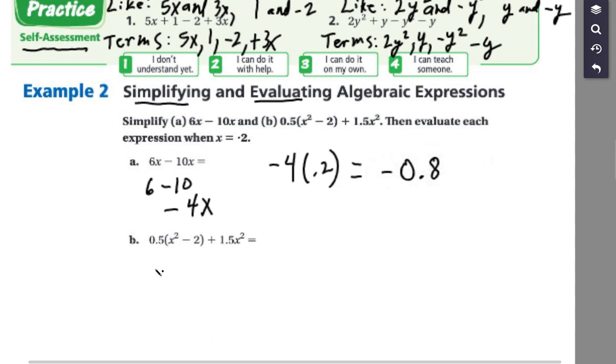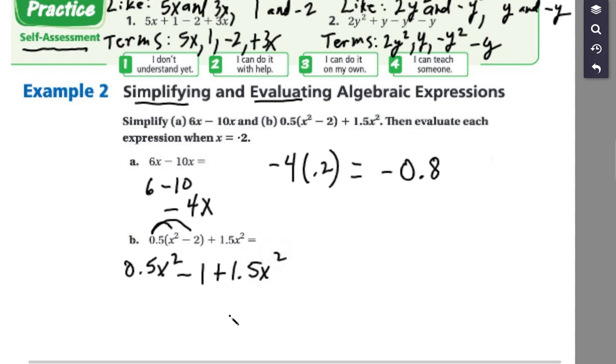Okay, so now on letter B here, we need to, first of all, distribute, just like we did before. So 0.5 times x squared is 0.5x squared. And then 0.5 times negative 2, that's going to give you negative 1. And we'll just bring this part down.